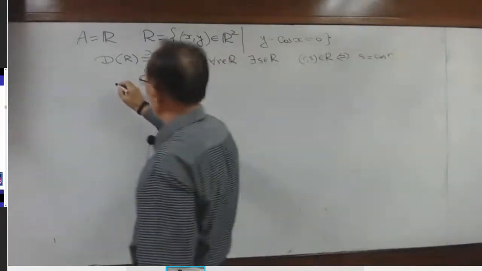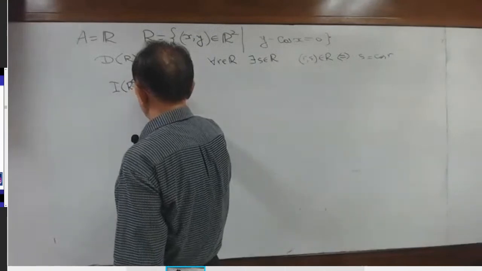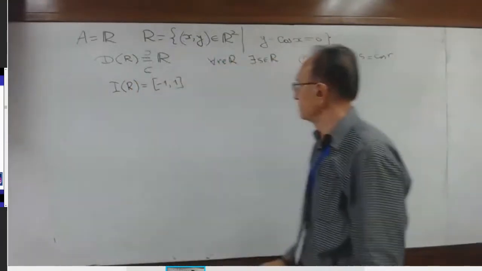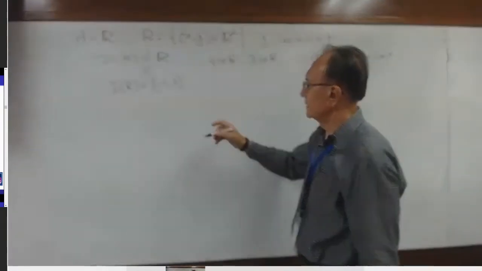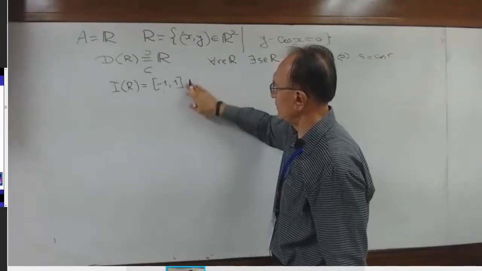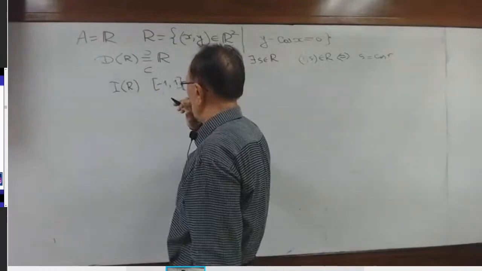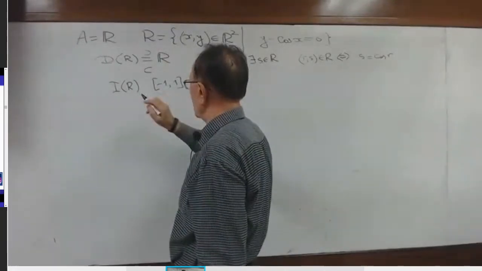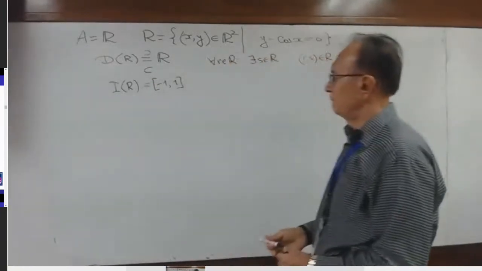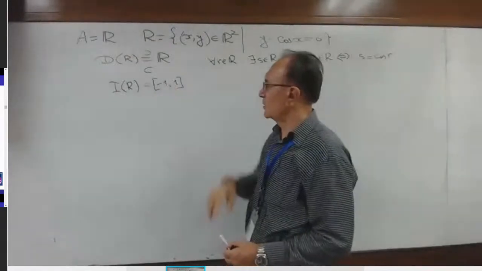Okay, so now how about the range? The image is [-1, 1]. Again, this is a subset of this, and this time I should do a proof. I claim the image is [-1, 1].